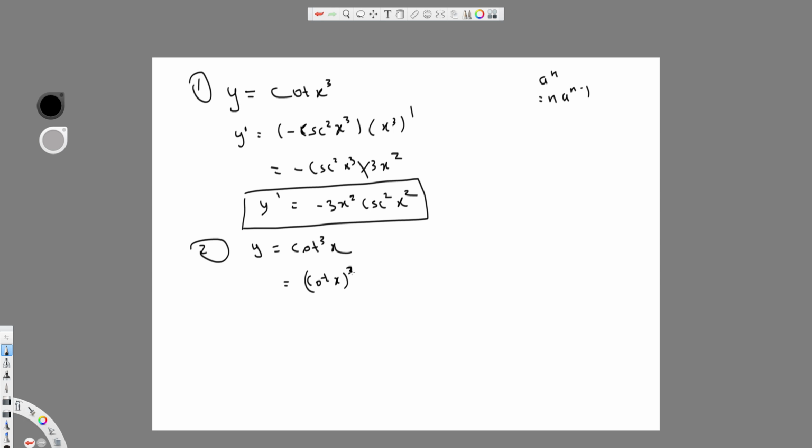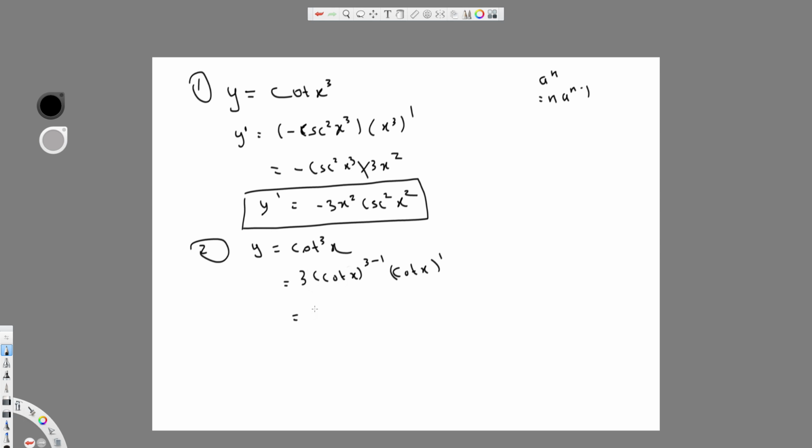If I find the derivative of the outside of this one, it's going to be 3 cot x to the power 3 minus 1, and then I have to find the derivative of cot x alone.